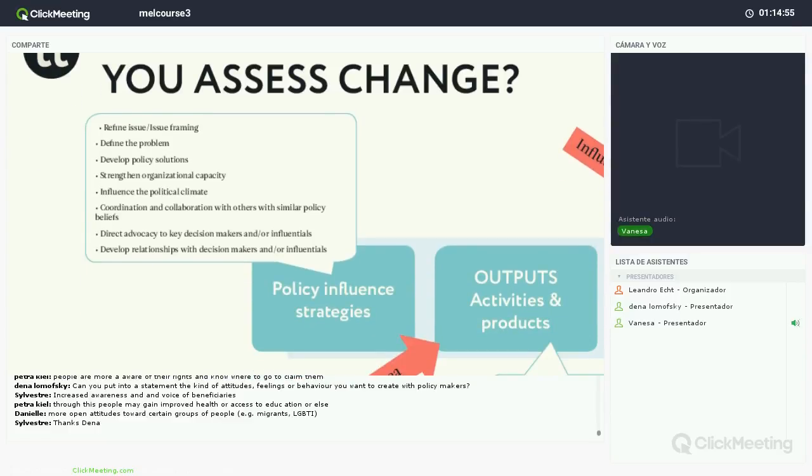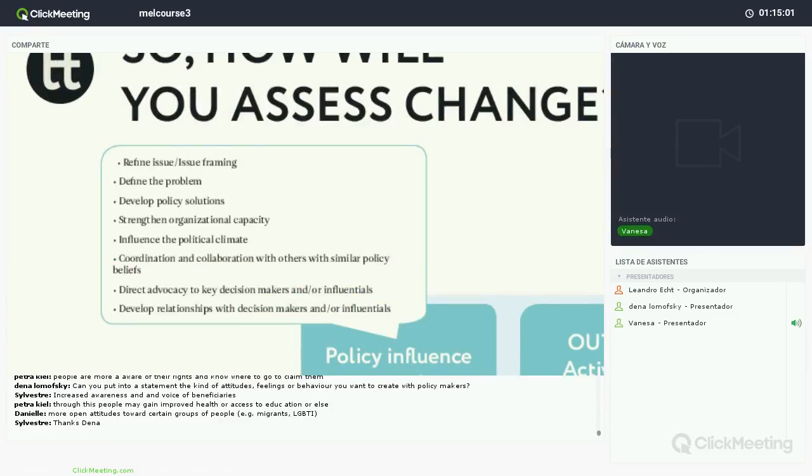Typical policy influence strategies are issue framing, or refining a policy issue, or trying to convince people of some specific ways of defining a problem. Other strategies are more related to typical advocacy, right? Direct advocacy to decision makers or people and organizations who influence decision makers.